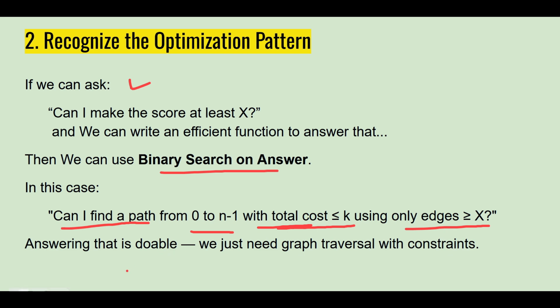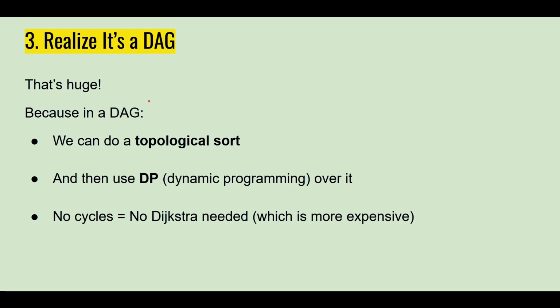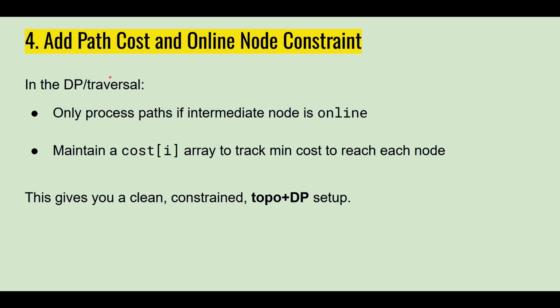So what we need is a graph traversal with a constraint, right? Now we will realize it's a DAG, which is very helpful. So we can do a topological sort, and then use dynamic programming over it. And if there is no cycle, no extra handling is needed.